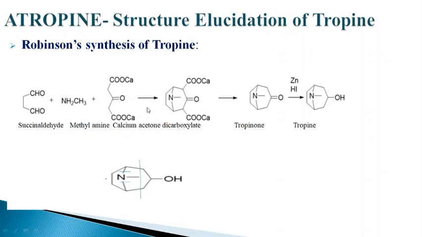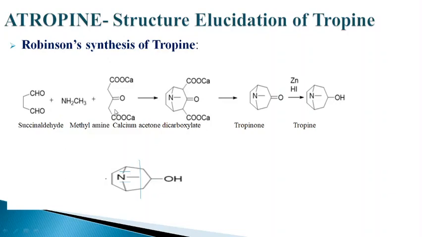He took this compound instead of acetone to increase the yield of tropine, because you can see this carbonyl group is flanked by two reactive methylene groups, and these reactive methylene groups are joined by the carboxylic groups, rendering it more effective.